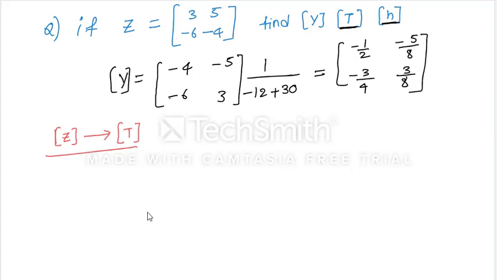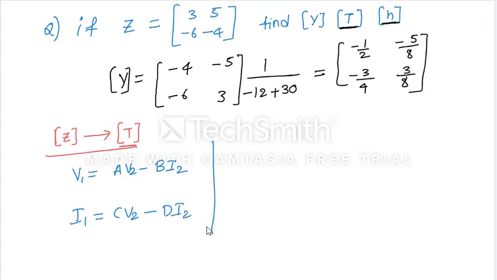What are the required parameters? T parameters. So first you write the required parameter equations. The required parameter equations are: V1 is equal to A V2 minus B I2. Next, I1 is equal to C V2 minus D I2. These are the required parameters.